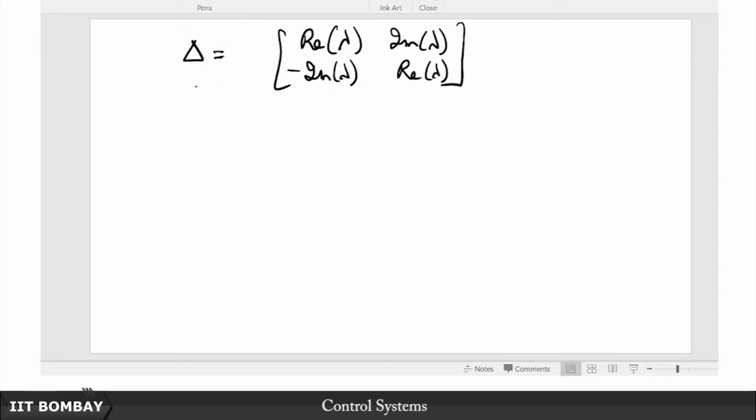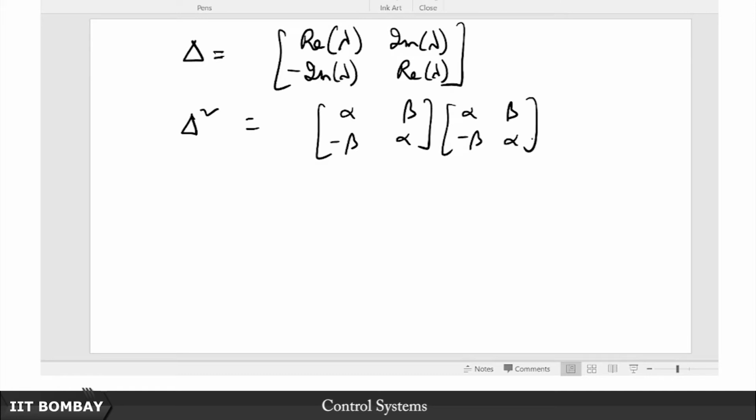What about delta squared? Well, let us say alpha beta minus beta alpha times alpha beta minus beta alpha. So I will get alpha squared minus beta squared, then twice alpha beta, then minus twice alpha beta, and again alpha squared minus beta squared.